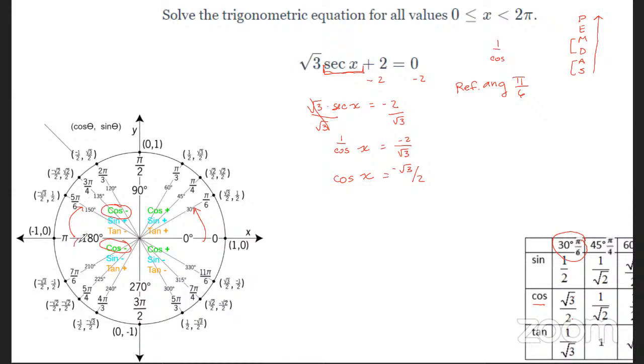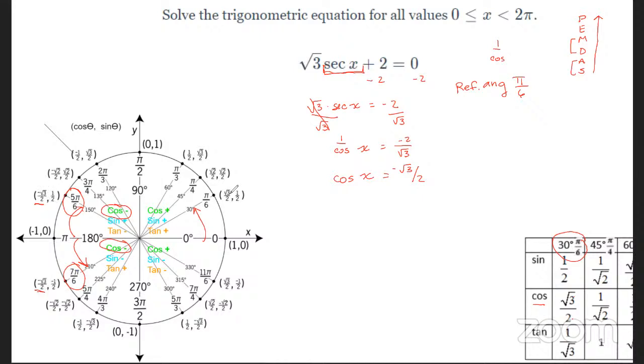Okay, and same thing with if you were in quadrant 3, it would be this one right here. So these are the two that have -radical 3 over 2. And you can actually see that in our coordinate pairs here. So -radical 3 over 2, and negative radical 3 over 2.